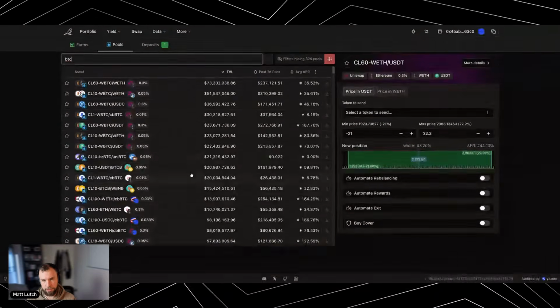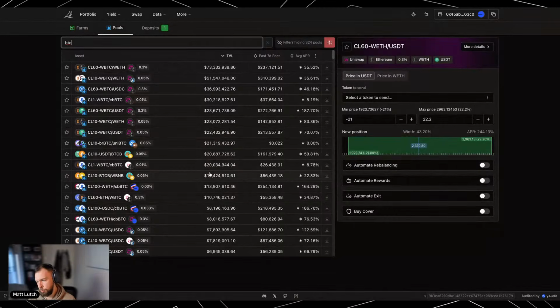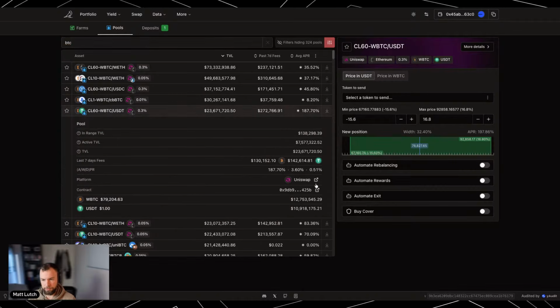And they'll say, right, well, these two correlate with each other quite well because it's the gold and silver of crypto. And what I'm going to do is pair them together in a liquidity pool. Find one with a decent rate. And then look at the width, find one that works, adjust if necessary, and then deposit the assets, and you're good to go. And that's it.